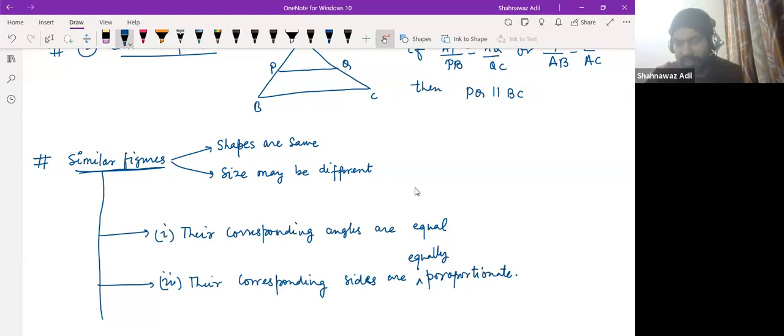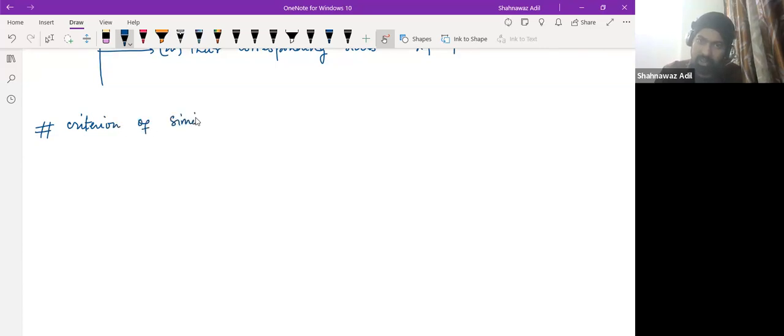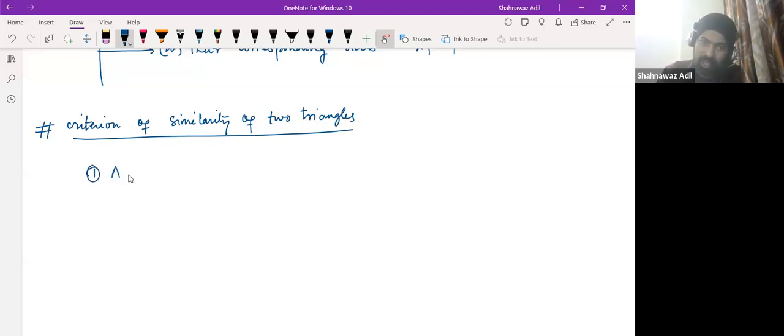And then we specifically talked about two triangles, right? So then we talked about criteria of similarity of triangles. Specifically, the first one was this AA similarity.